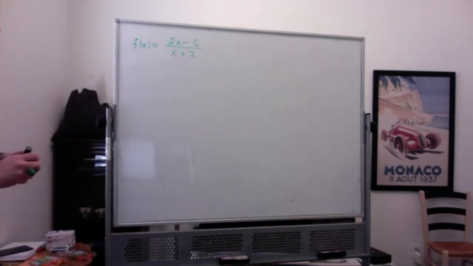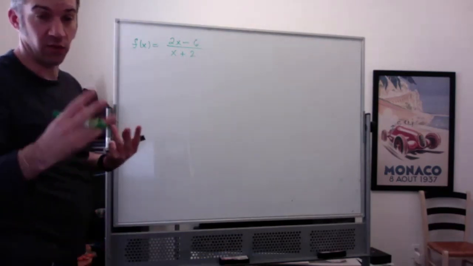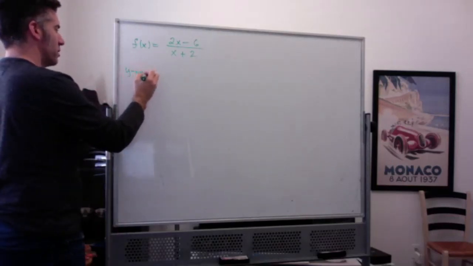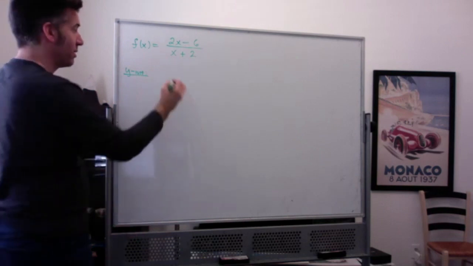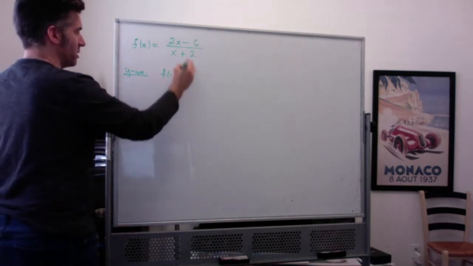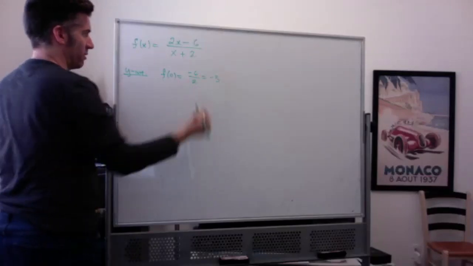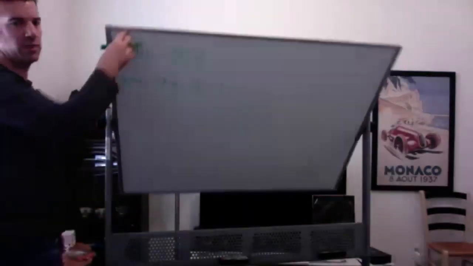So again, we're going to find the four things very quickly here. Y-intercept: set x equal to 0. F of 0 is going to be (0 - 6) over (0 + 2), which is -3. Same as last. Let me make sure I didn't actually do the same function. No, it's different enough. Okay.